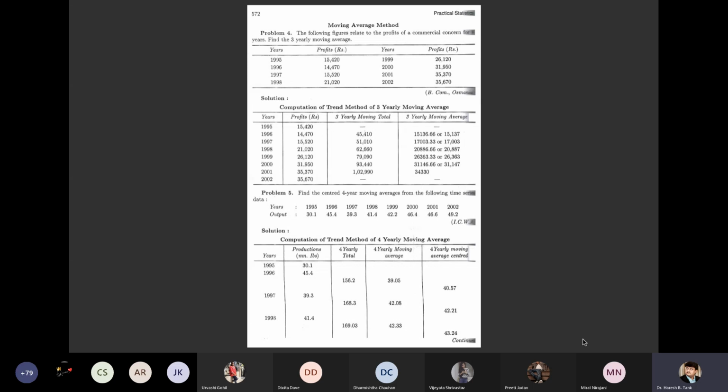Similarly, 51,010 divided by 3 comes to 17,003. Similarly, you can get all the values of the 3-yearly moving average: simply divide all the entities of the 3 yearly moving total column by 3. What you get is the 3 yearly moving average.